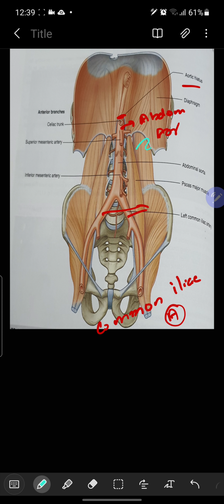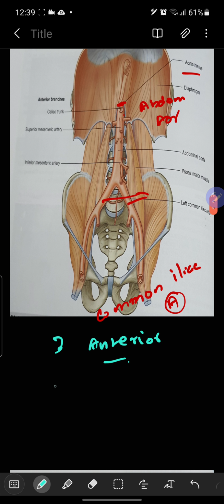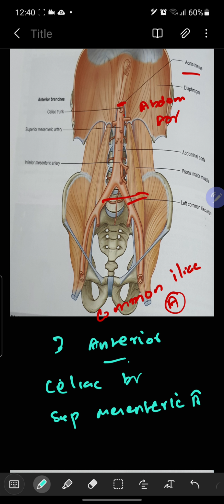From this abdominal aorta, they will give anterior, lateral, and as well as posterior branches. 3 anterior branches are provided. One is a celiac branch. The second one is superior mesenteric artery. Then inferior mesenteric artery. These are the 3 branches.